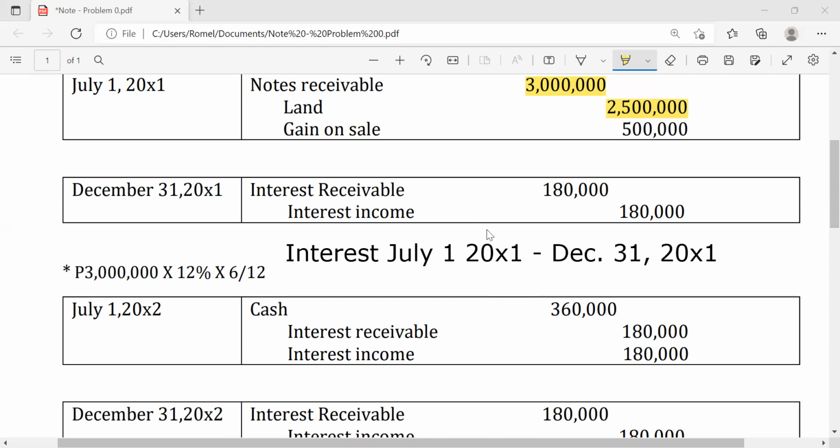And then, for July 1, 20x2, what will be our journal entry? We will debit cash 360,000 pesos, credit interest receivable 180,000 pesos, and interest income 180,000 pesos. Bakit nag-debit tayo ng 360,000 pesos?